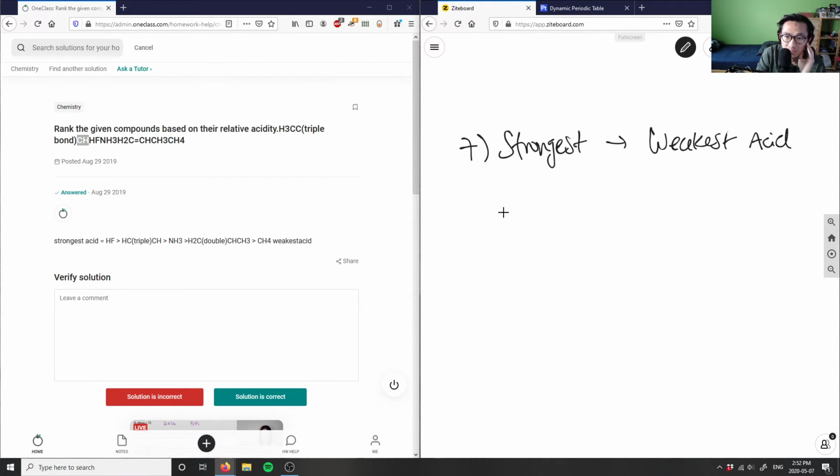So this here is H3C, CCH. This is a methyl group, and this is my triple bond, and this here is the H. Let me just draw it out actually.